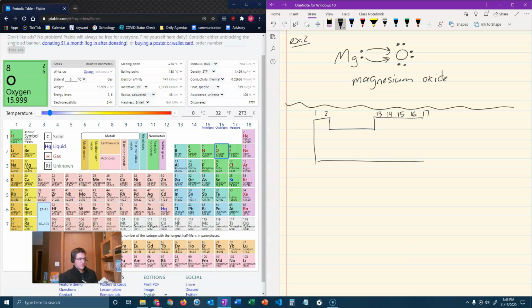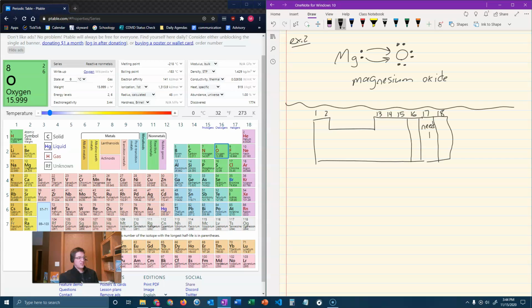Then there's group 17 and 18. All the ones in group 18, they're happy. Group 17, they want to get 1 more, right? They have 7 valence, they need 1 more. All of these, that was supposed to say need, sorry about that, need 1.